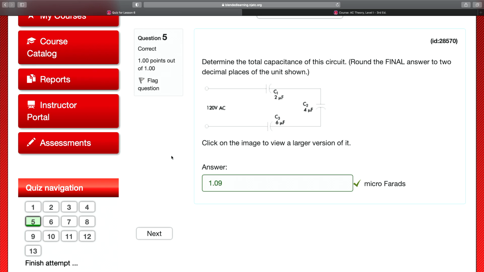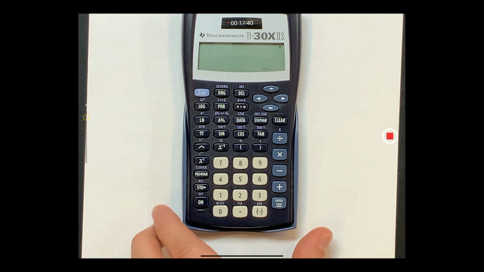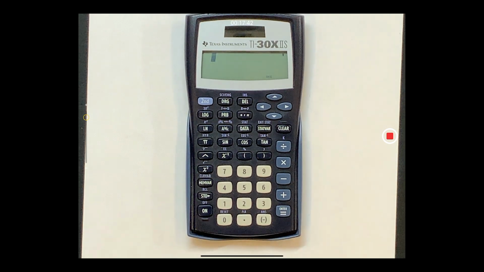Because it's capacitance that they're asking for and it's a series circuit, we have to factor those capacitors with the reciprocal formula. And I want to give you guys a quick reminder of how to do that on the calculator. So our values were 2, 4, and 6 microfarads.